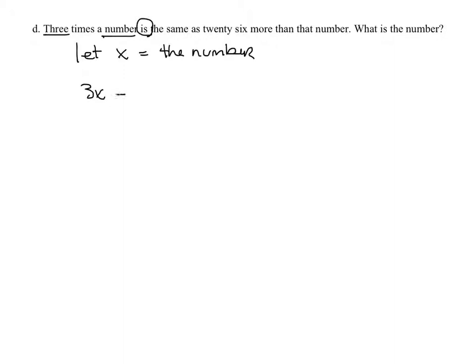Is equal. The same as, is the same as, or is generally signifies you to write an equal sign. 26 more than, again that more than thing comes up, so we're going to do plus 26, more than that number, x. Now we solve.